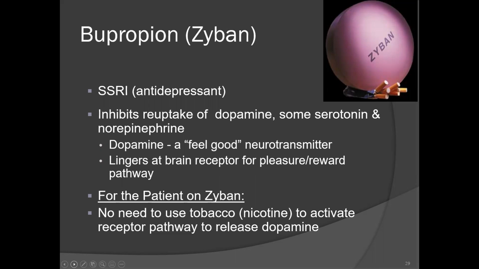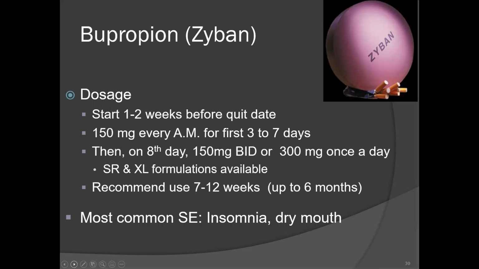So, a patient on Zyban has no need to use tobacco or nicotine to activate the receptor pathway to release the dopamine. So it gives you that feeling as well. A little bit on the dosage. It's another one of these medications, different medication, but another one that is started in advance of the quit date, in this case 1 to 2 weeks, starting on a 150 milligram dose, and then eventually ramped up to 300 milligrams.